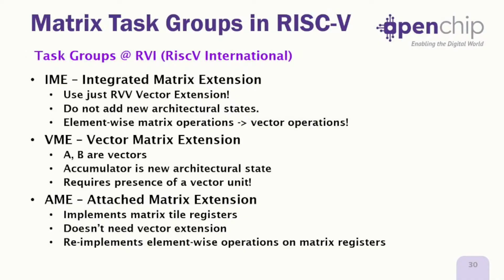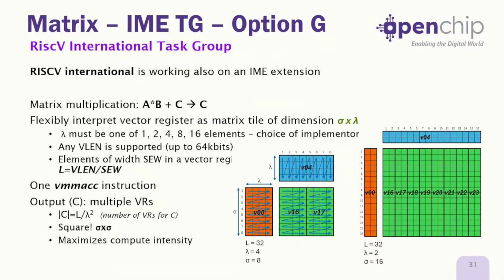You don't need a vector extension because it's a totally different unit. This is the way these things are discussed in the IMTG task group. You can also go to the web and see all this discussion. It is free.